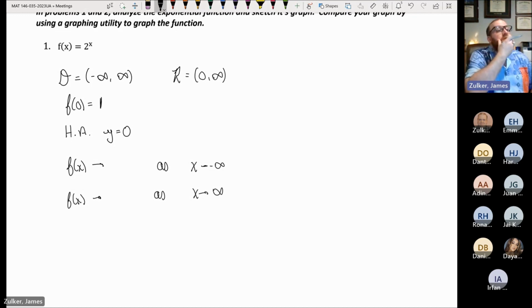So what happens as we let x continue to increase? We get 2 to the first power versus 2 squared, versus 2 cubed, versus 2 to the 10th, 2 to the 100th, 2 to the 1,000th.